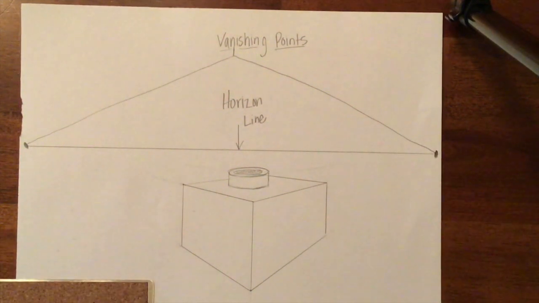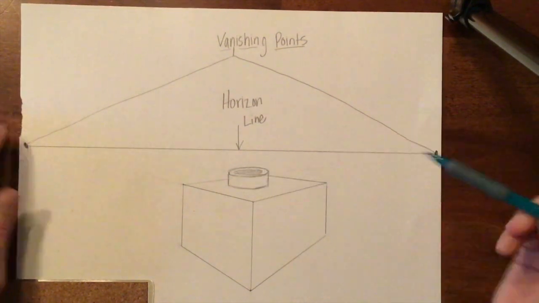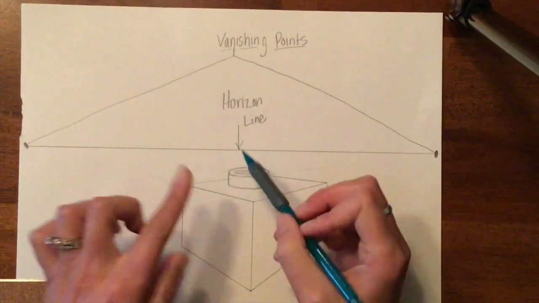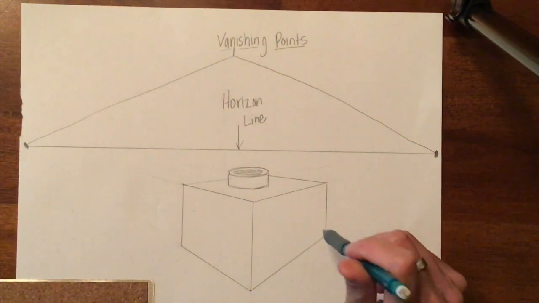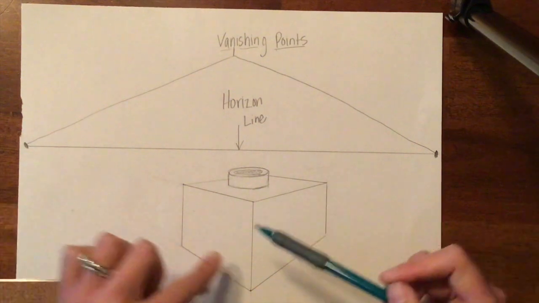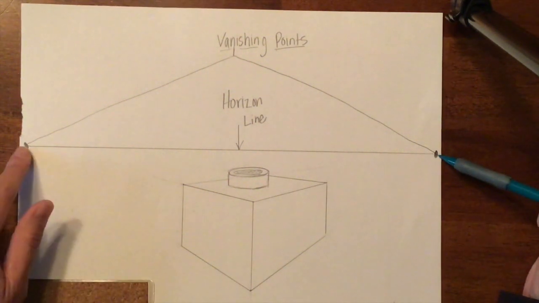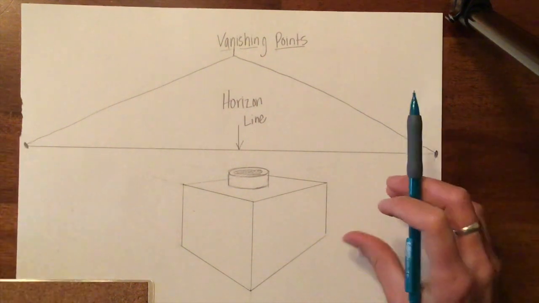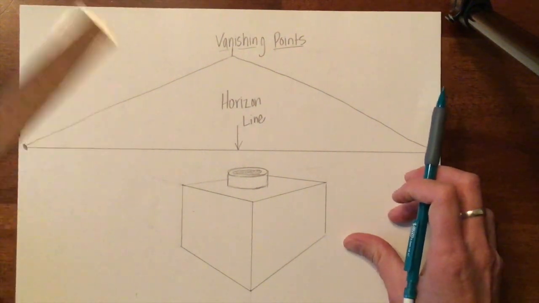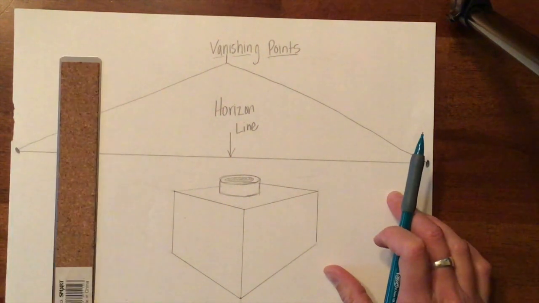Now, again, you don't have to work on this part today if you don't want to, the little peg that comes off the Lego. What I really want you to do is work on making your boxes so that they go to the vanishing point, okay? So I am going to do one more, and I'm going to tell you guys today is going to be practice.